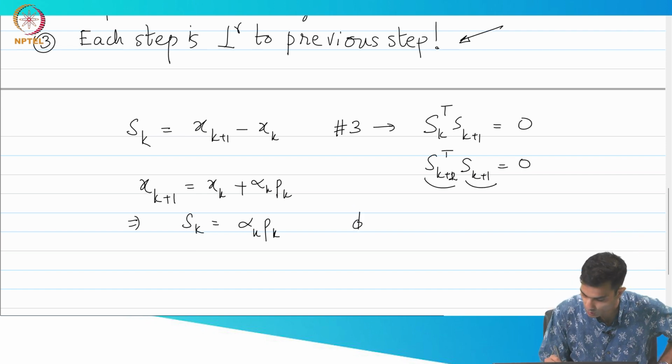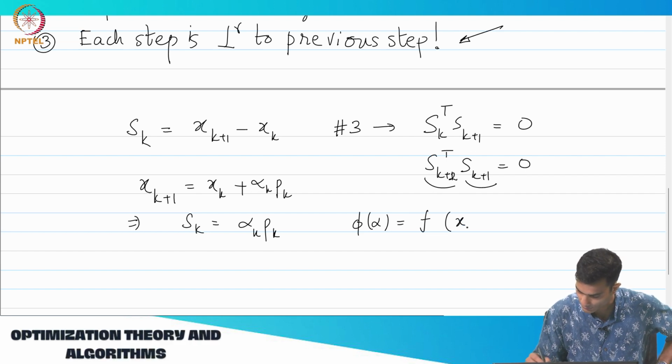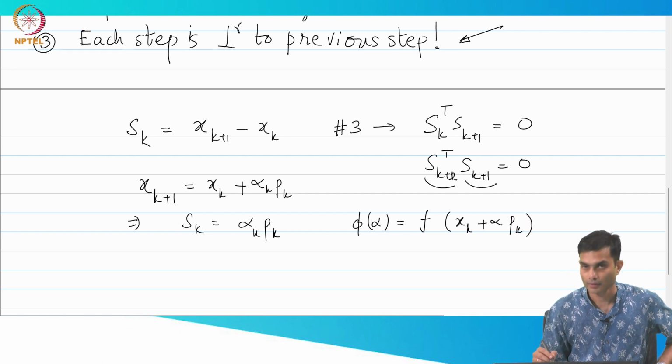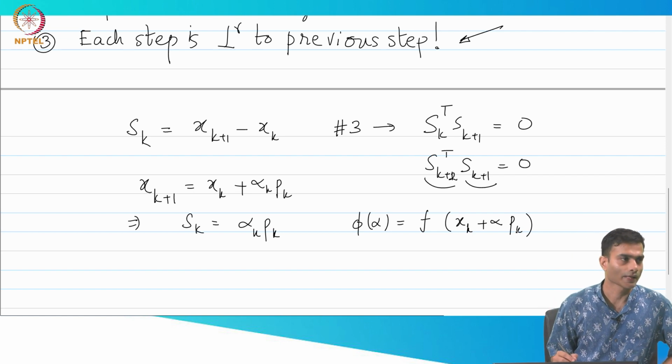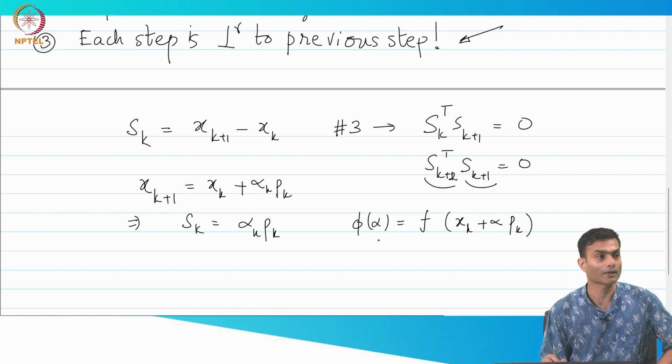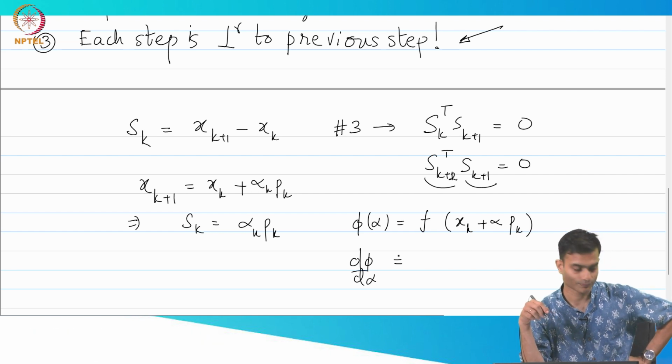Now, what was my phi of alpha? This was simply f of xk plus alpha pk, right. This is the one dimensional function that we had defined earlier, and when I took d phi by d alpha, can someone recall what that was?